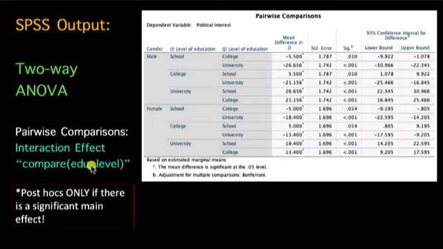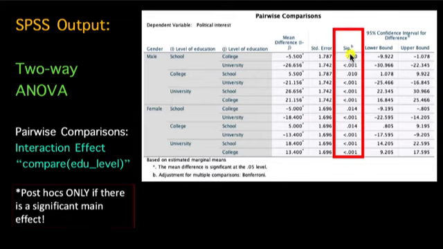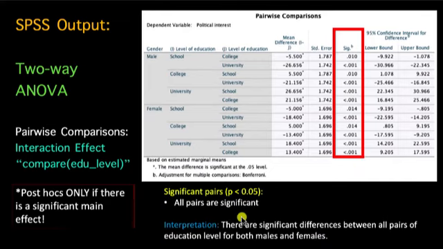Okay, so this would be related to the syntax compare edu level in that syntax step that we did earlier. We have a p-value column, which if we skim through, all of them are significant. So all pairs are significant. And the interpretation would be there are significant differences between all pairs of education level for both males and females.